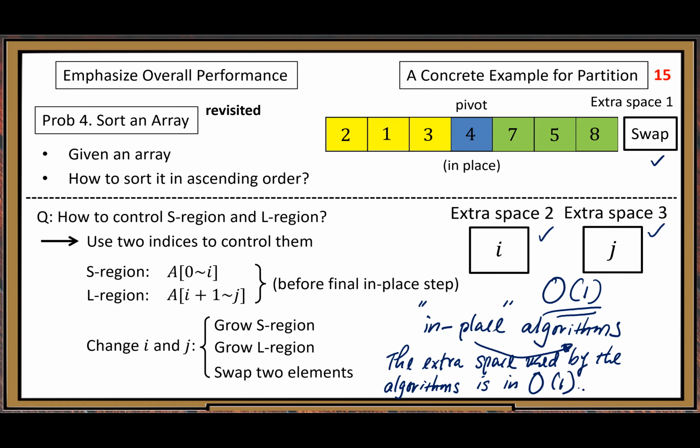That's the definition of in-place algorithms, the main property for algorithms in this category. Based on this definition, you can see quicksort is an in-place algorithm. So the conclusion: quicksort is in place.